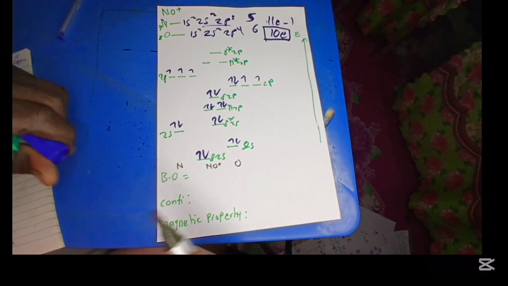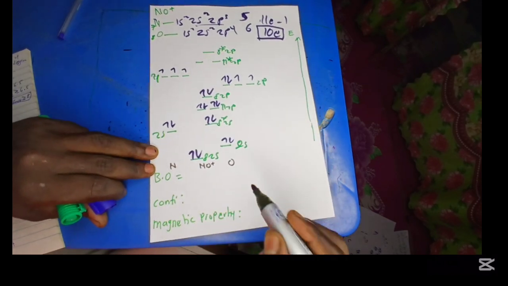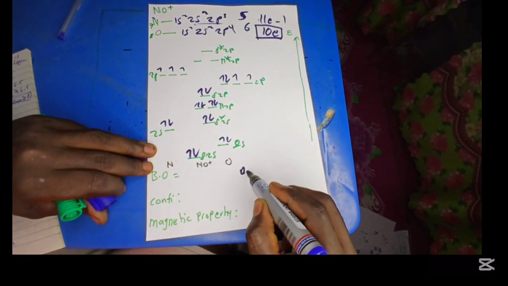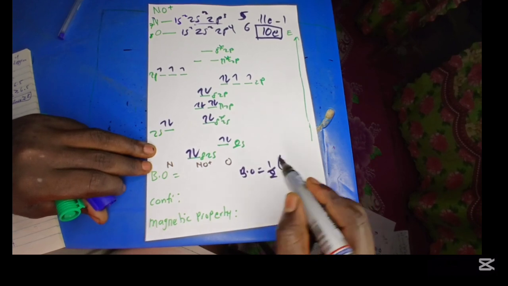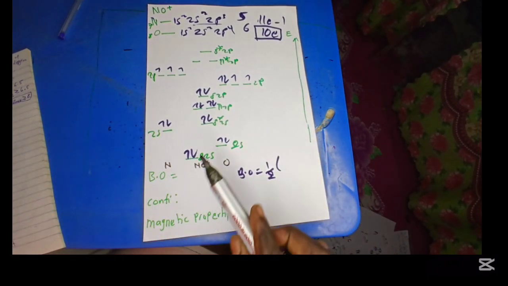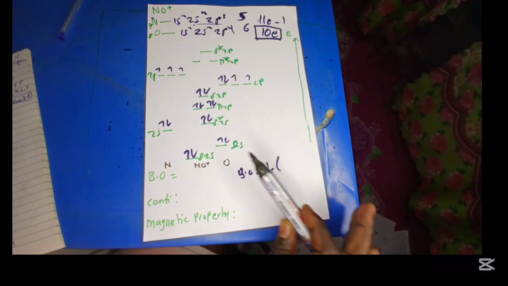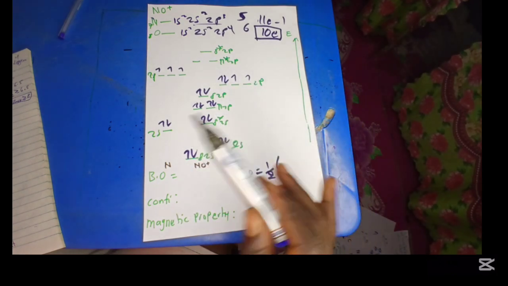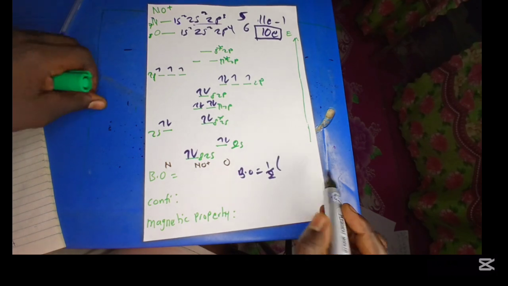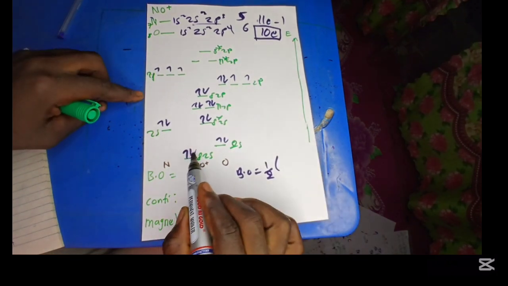That's right. So let's calculate the bond order. Now you are familiar with the formula, so let me just do this. Bond order is half of the number of bonding electrons minus the number of anti-bonding electrons. So for the number of bonding electrons, we have 1, 2.